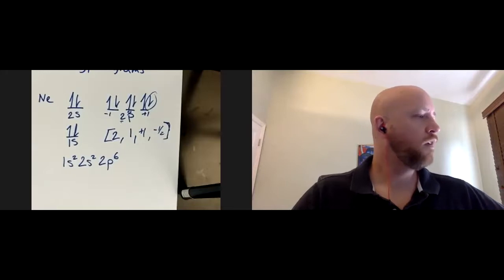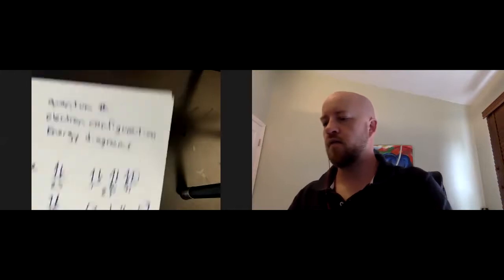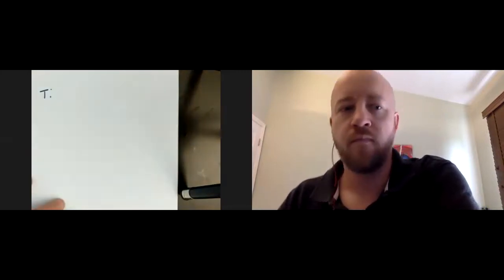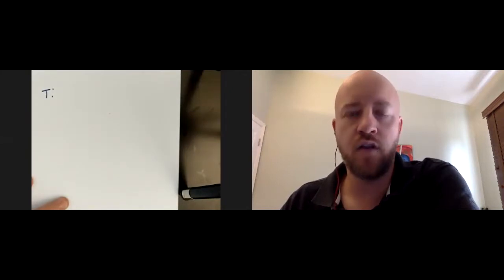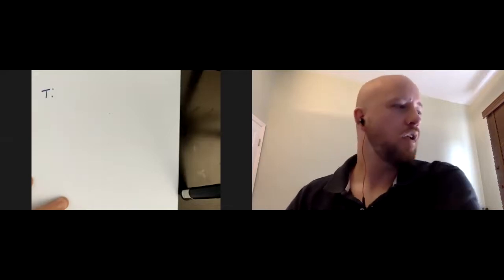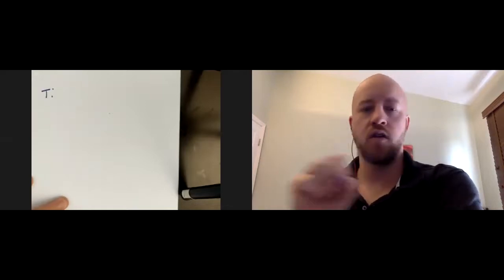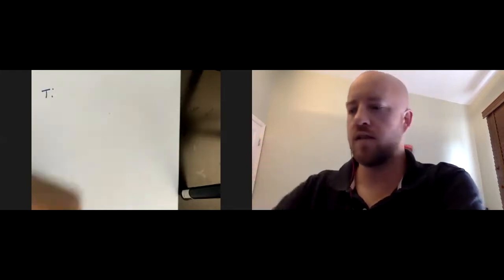If we're going to look at a second question here, let's look at titanium. Titanium is a transition metal element. It is in the 3d, right? So if you look at the 3d transition metals, and you count over, it would be the second one.